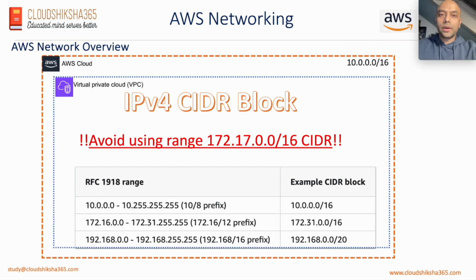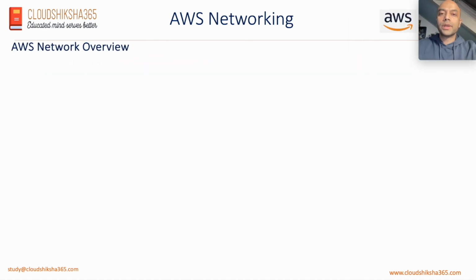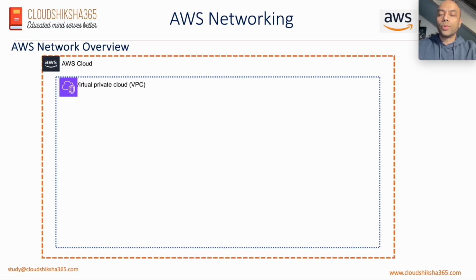Now as a recap, I will rephrase all these important networking components. We covered AWS Cloud, then there is the virtual private cloud, and this virtual private cloud has one CIDR block that you have to define when you are creating it. Then there is the internet gateway. This internet gateway is important to give internet access to your services, to your EC2 instances which are running within your subnets, like your public subnet.